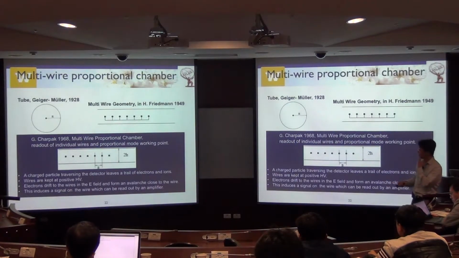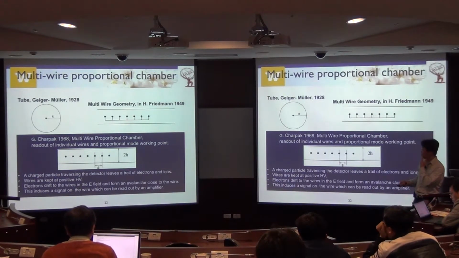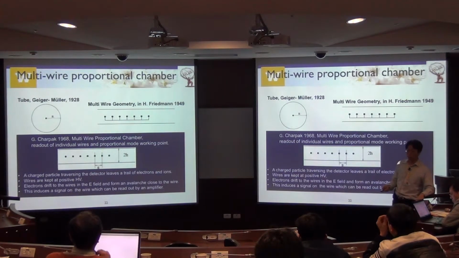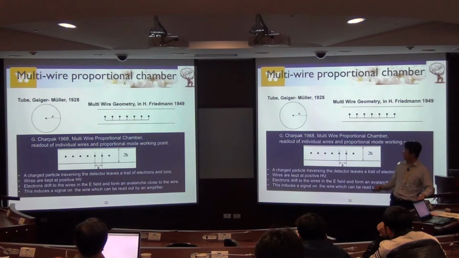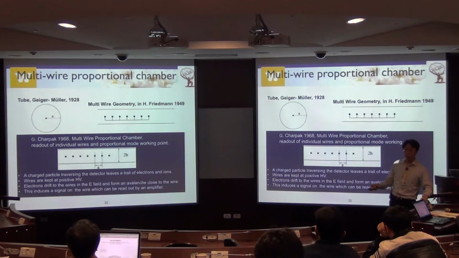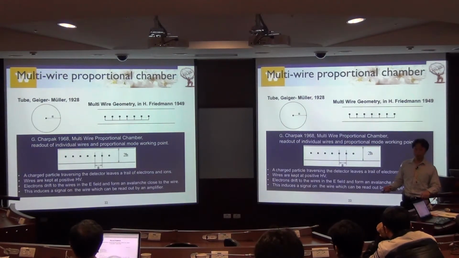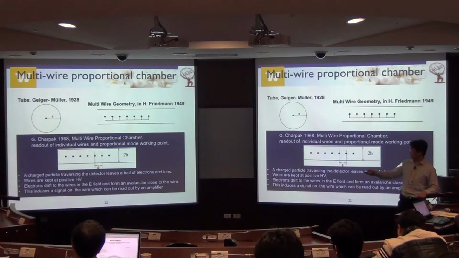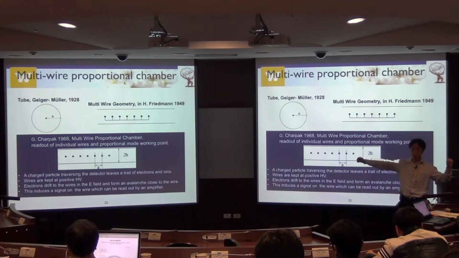Then the spark chamber had some limitations, and the improvement was the invention of the multi-wire proportional chamber. Basically it's a similar idea: you want to detect ionization particles. So you fill the chamber and put a lot of thin wires in parallel.